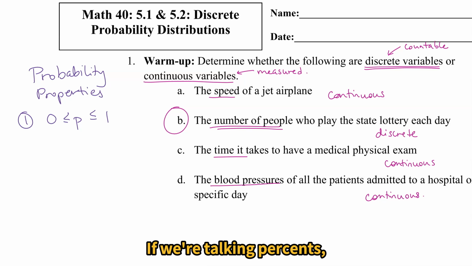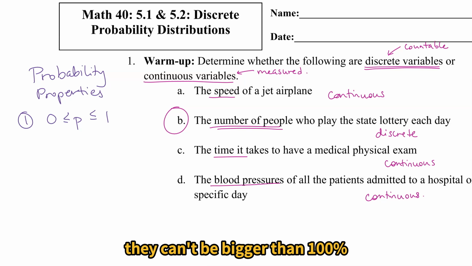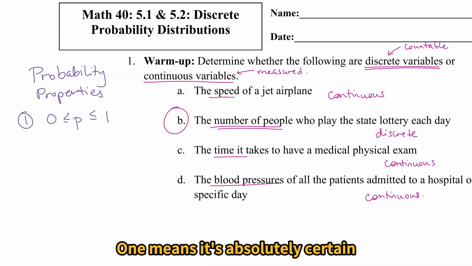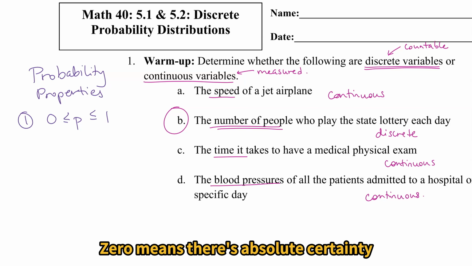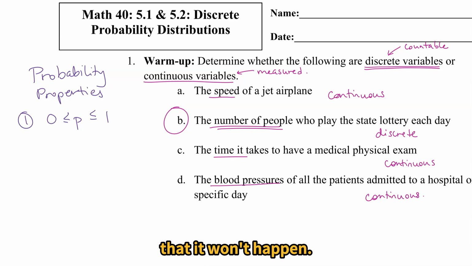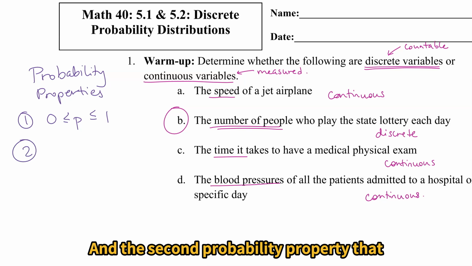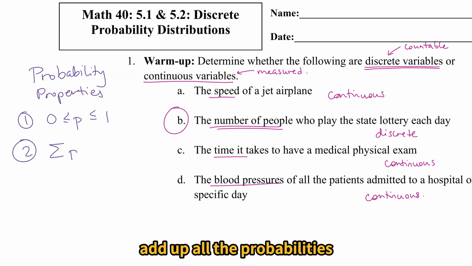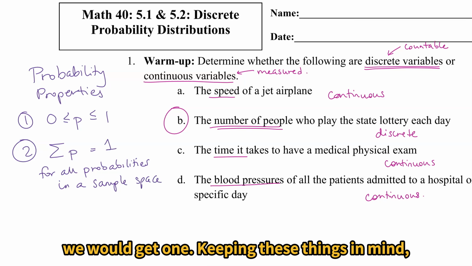If we're talking percents, they can't be bigger than 100%. It doesn't make sense. 1 means it's absolutely certain that it's going to happen. 0 means there's absolute certainty that it won't happen. The probability is the continuum between those 2 numbers, including 0 and 1. And the second probability property that we talked about is that if we add up all the probabilities in a sample space, we would get 1.